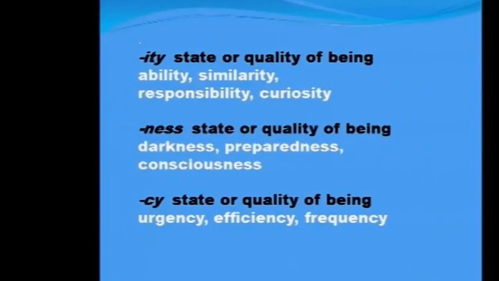Then you have NESS, state or quality of being, darkness, preparedness, consciousness. CY is the state or quality of being again, urgency, urgent becomes urgency, efficient becomes efficiency, frequent becomes frequency. So all the words have changed.